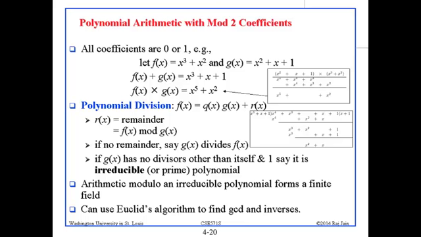Okay, everybody gets x5 plus x square because x4 and x3 cancel out. It's on the board.